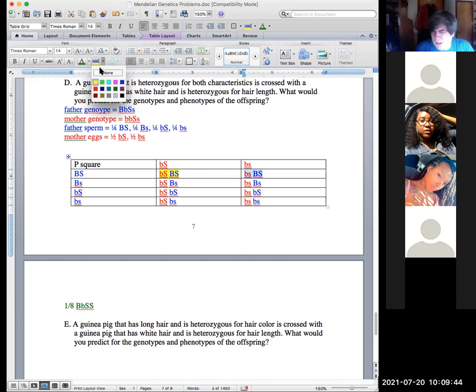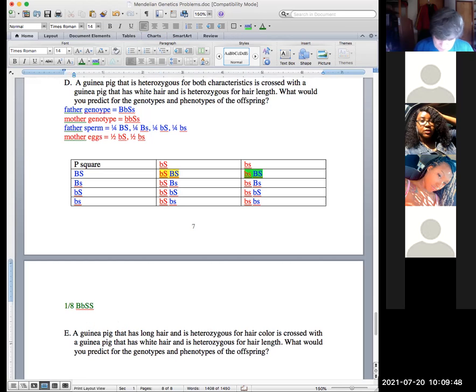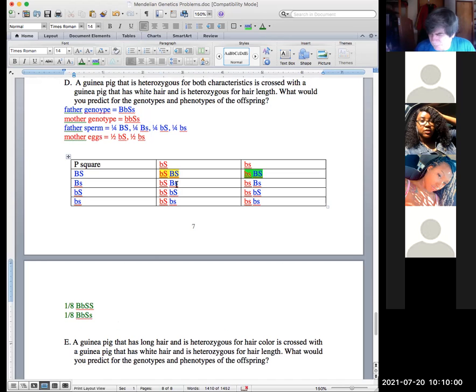So I'm just going to go across the cells in order from top to bottom. So we have 1/8 of them that are big B, little b, big S, little s. And actually, if I look down here, it looks like this one is also big B, little b, big S, little s. So that means there's really 2/8 of these.